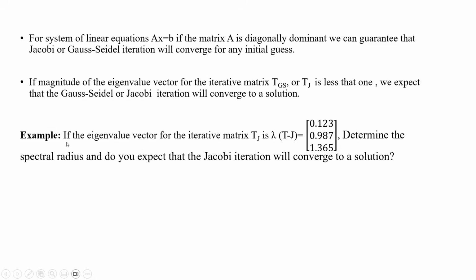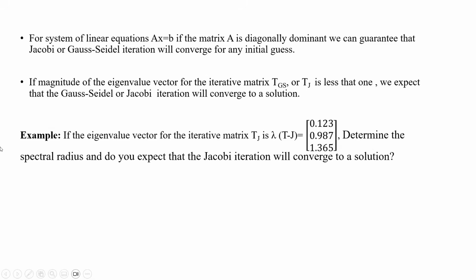For example, if the eigenvalues for the iterative matrix of the Jacobi are these numbers, determine the spectral radius for these eigenvalues, and do you expect that the Jacobi iteration will converge to a solution?